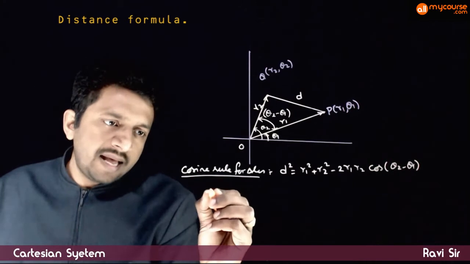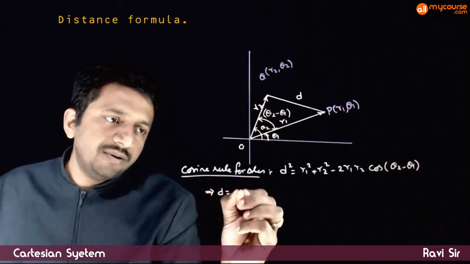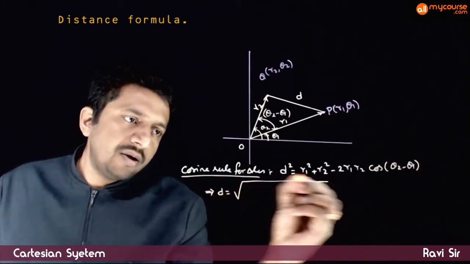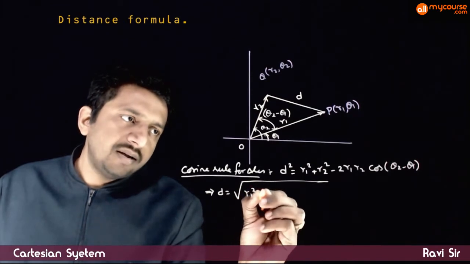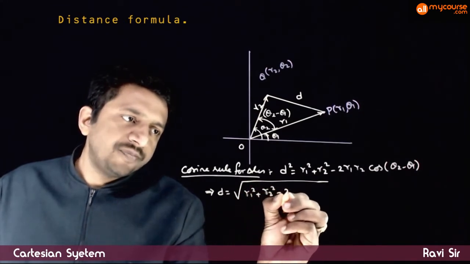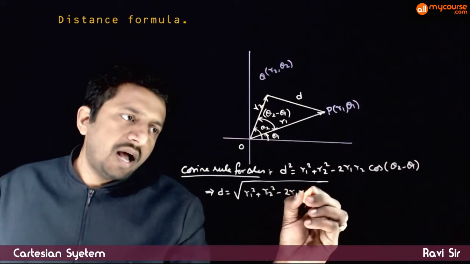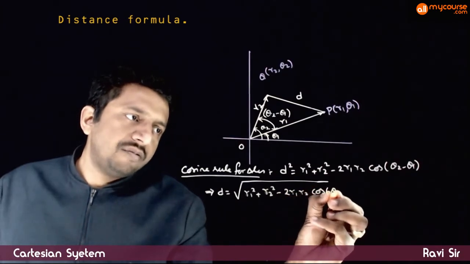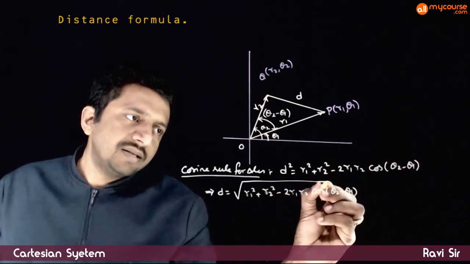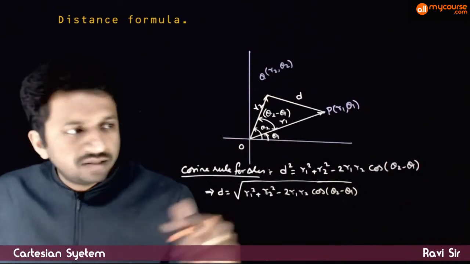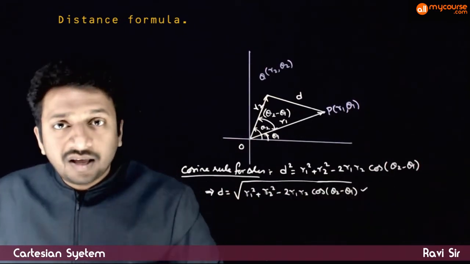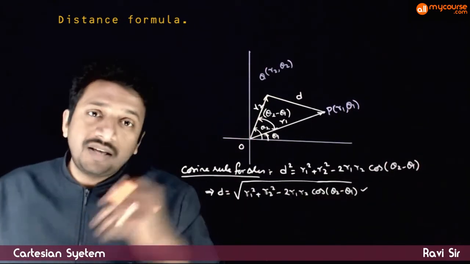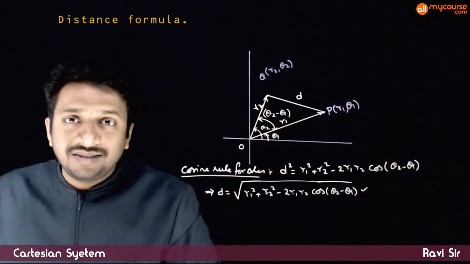So this implies d is equal to square root of r1 square plus r2 square minus 2r1 r2 cos of theta 2 minus theta 1. So this is how you find the distance if the coordinates are given in polar system.